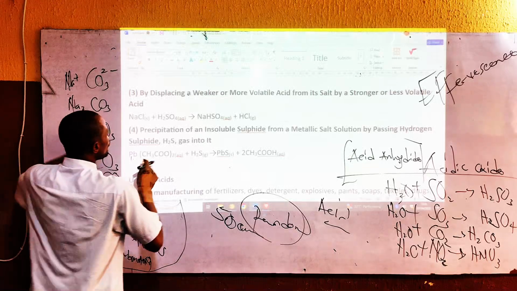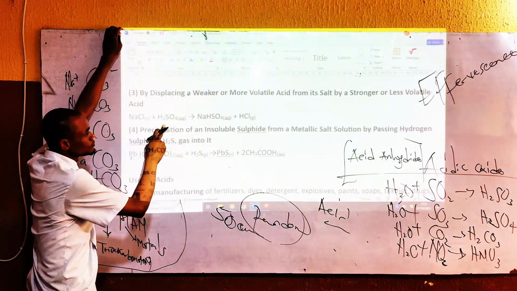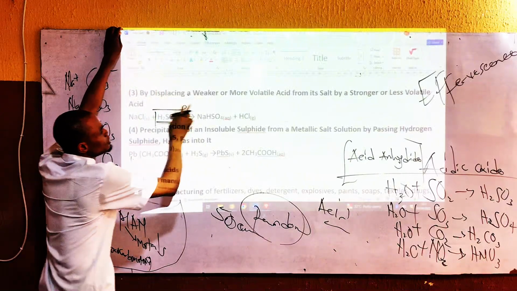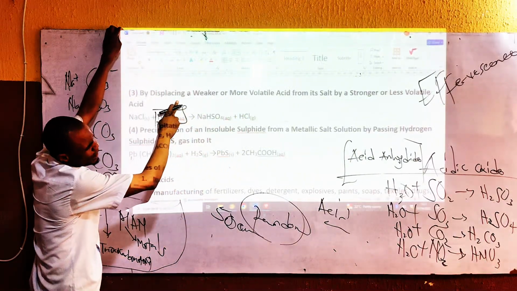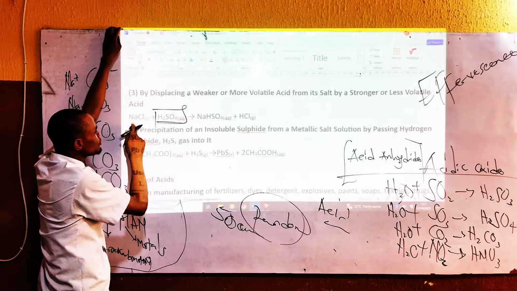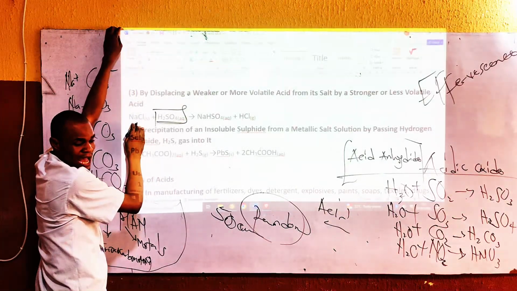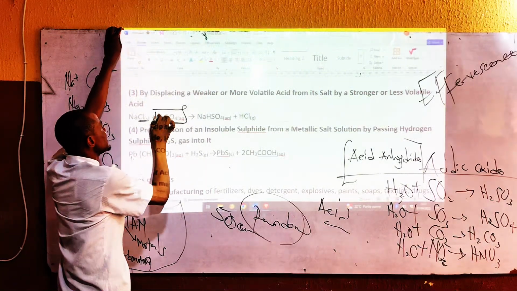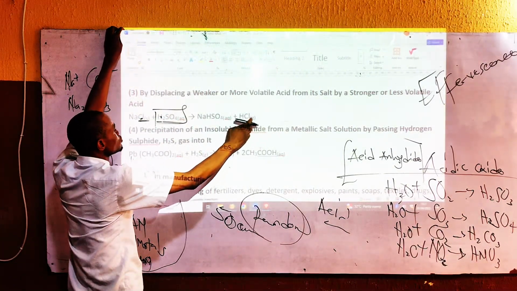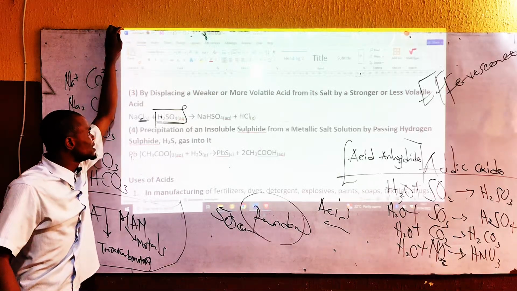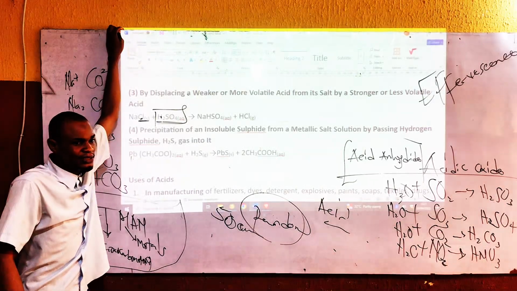Now look at it. What's happening here? This is the stronger acid. By a stronger or less volatile acid, a strong acid, we form HCl. So now Cl is inside what? HCl, right? This H is going to replace the Na, in the form of hydrogen chloride. This is one of the ways of producing hydrogen chloride gas.